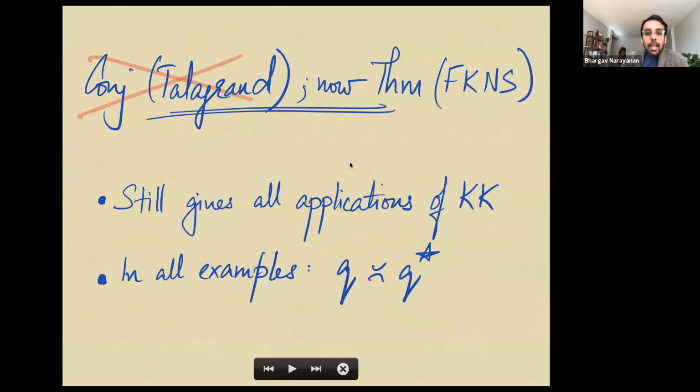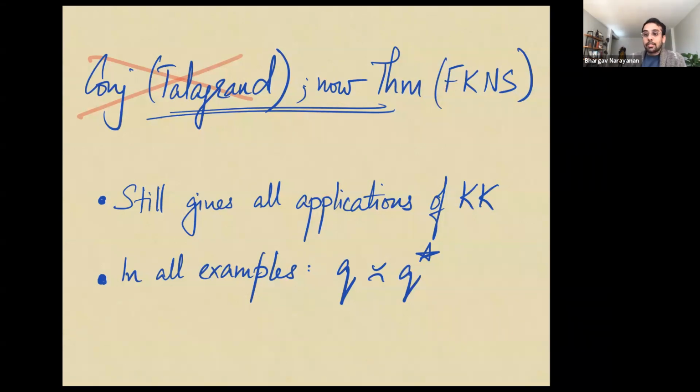And the nice thing about what we proved, this conjecture of Talagrand's, is that whilst it doesn't quite prove the Kahn and Kalai expectation threshold conjecture, it seems to give pretty much every known application of Kahn and Kalai. So all the hard instances of Kahn and Kalai that I mentioned earlier, Shamir's problem or bounded degree spanning trees, we get more or less for free.